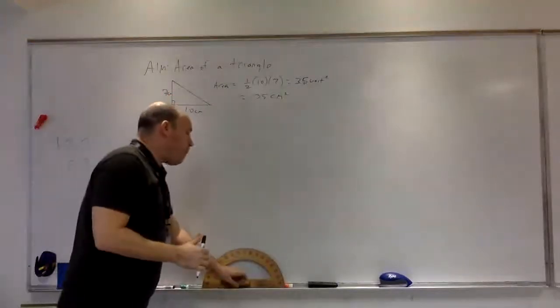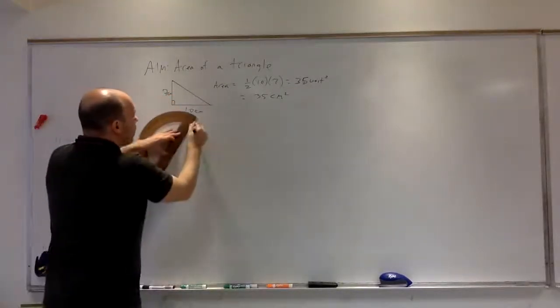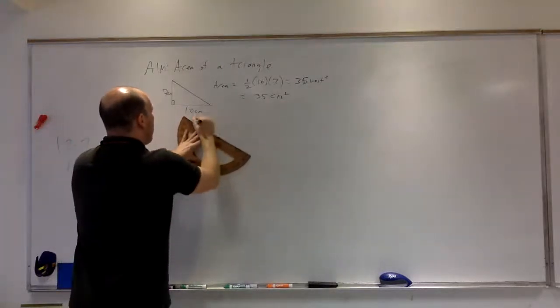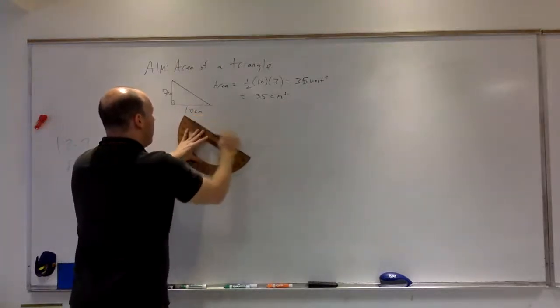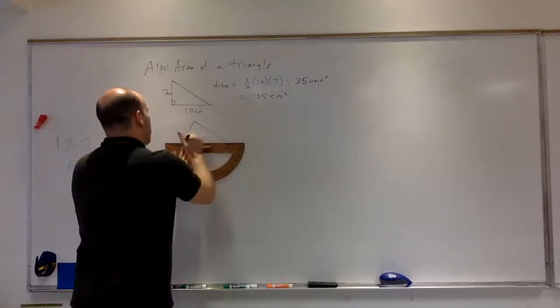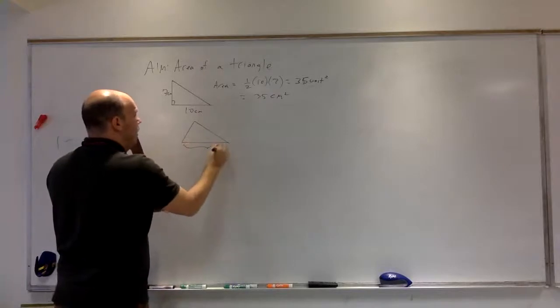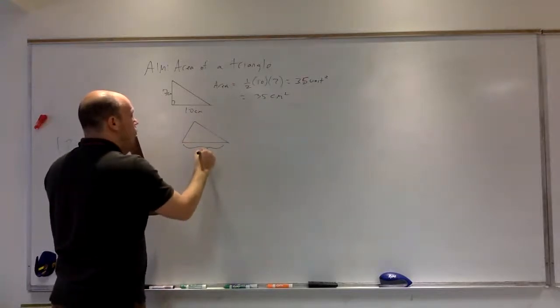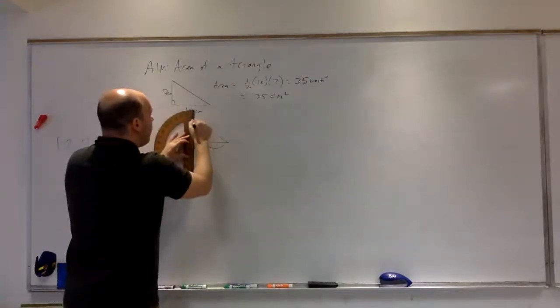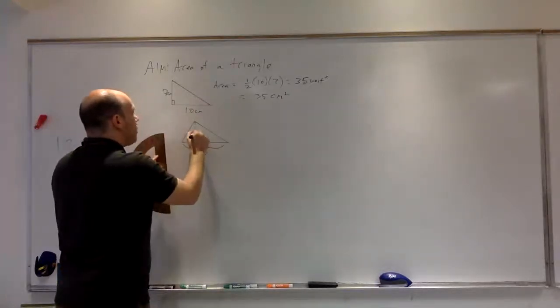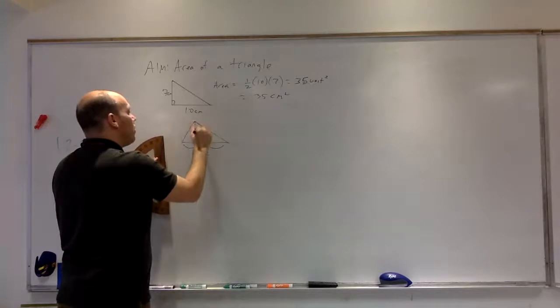Now, another example: maybe you had some regular triangle, but you were told the base is 12, and you were given the height, the altitude, is 5.